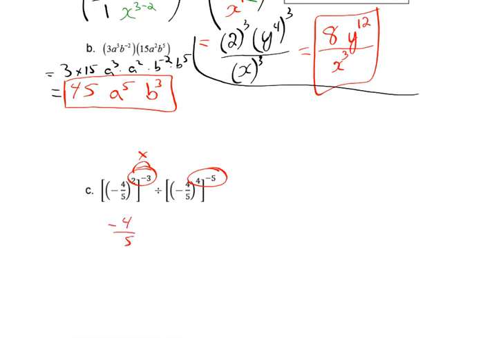So -4/5, keep it in brackets, to the exponent of -6, divided by -4/5, 4 times -5, -20.